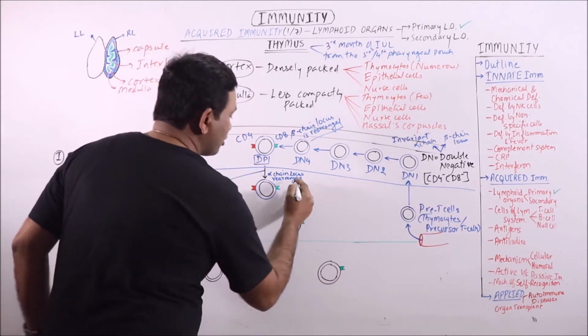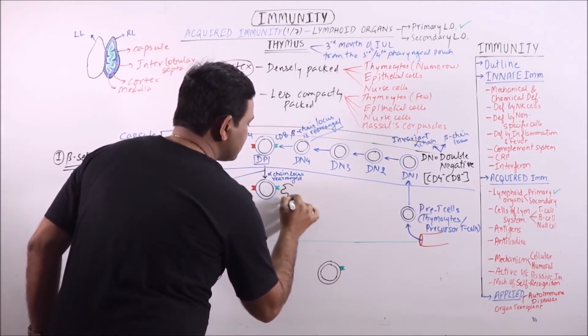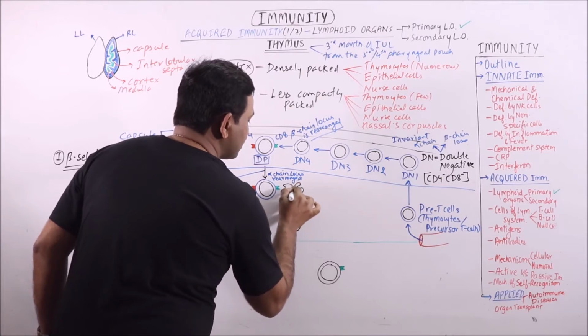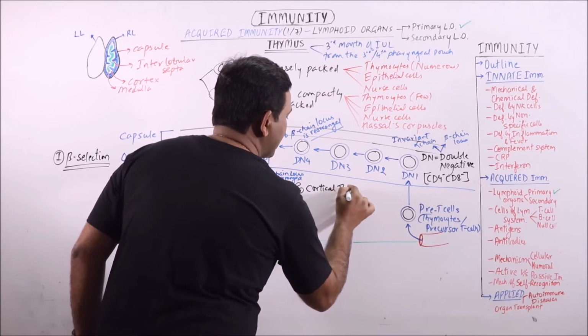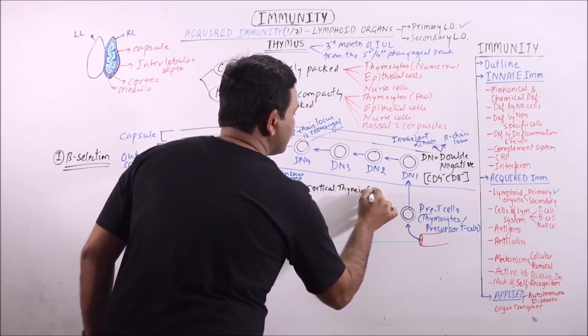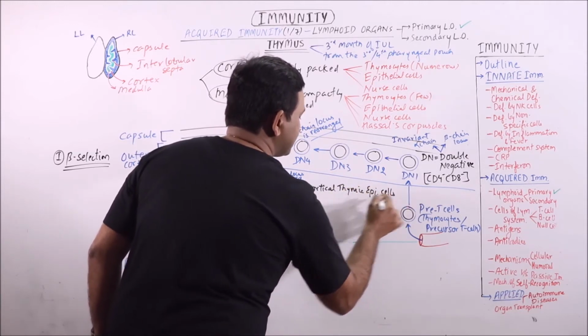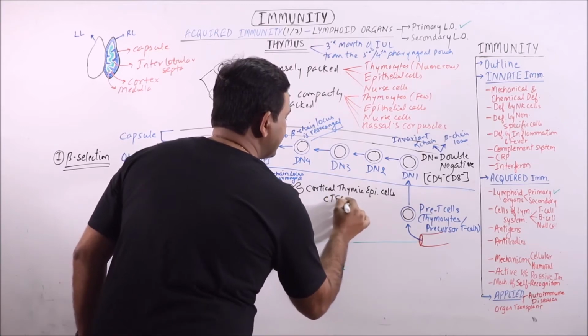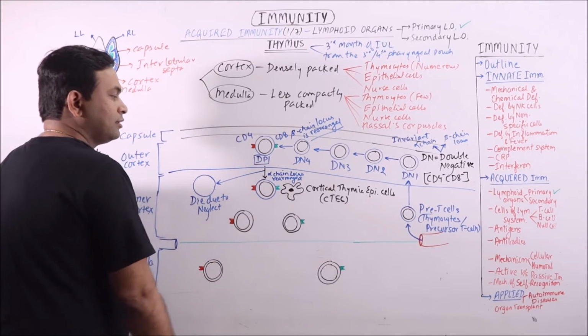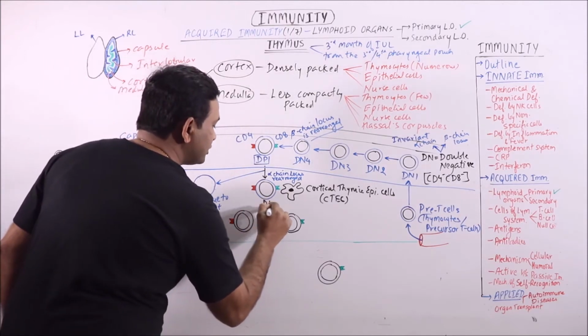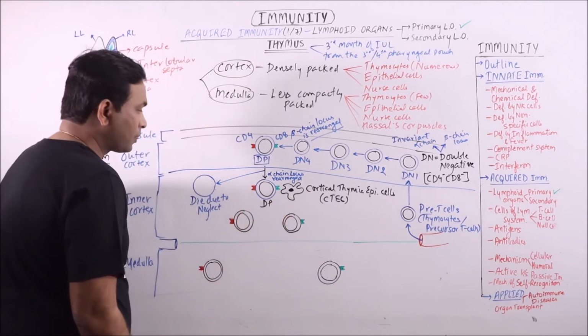Now in the inner cortex, the cortical thymic epithelial cells, that is cTECs, will interact with this DP stage, that is the double positive stage.